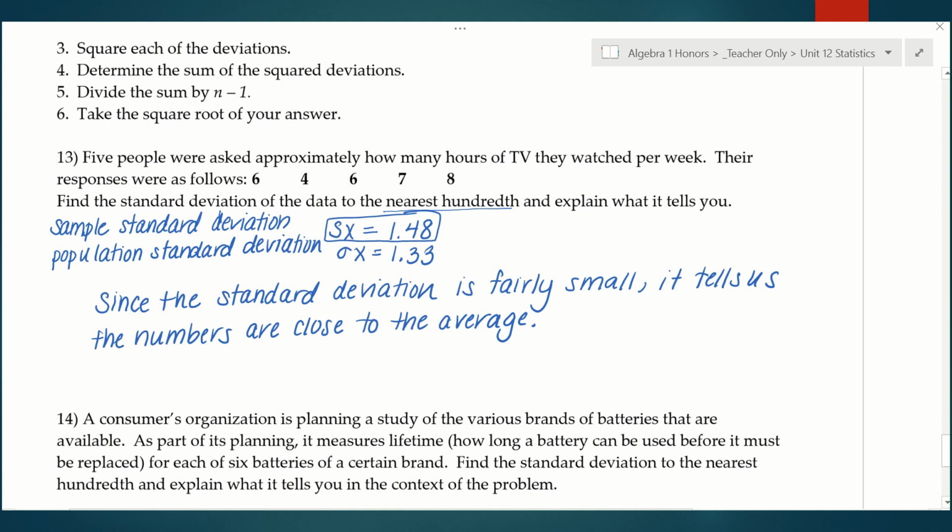And I think that's good. I think that's really all you need to know. You know, the number of hours these people watch, if these are the number of hours that people watch TV for, they're pretty consistent. Okay, which you can see just by looking at it.